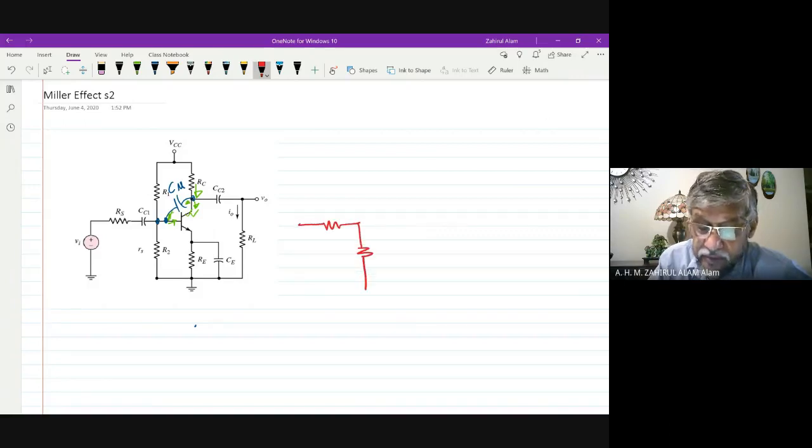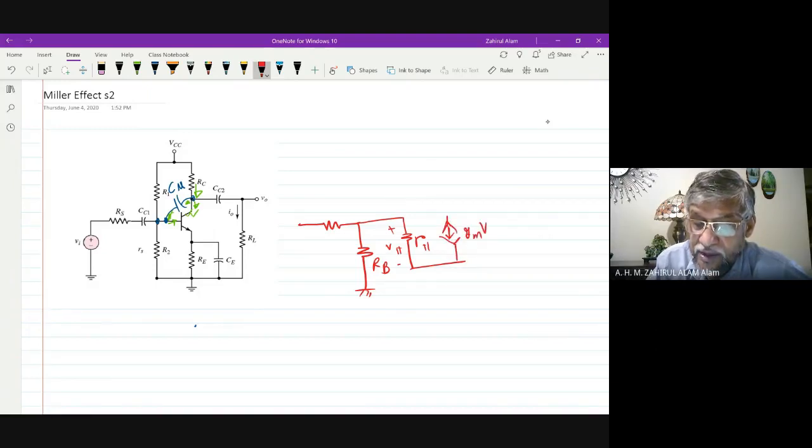as we also drew in the last class, this is R pi, V pi, and the current source, which is Gm V pi, and the output resistance R0, RC, and RL.